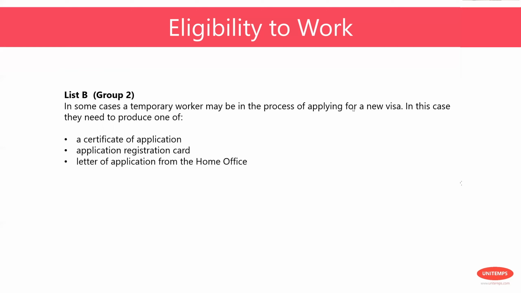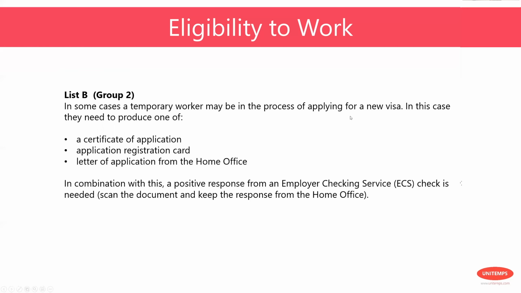That on its own is not proof of right to work. What you'll need to do is log a check on the Home Office website under the Employer Checking Service. You'll need the consent from the candidate to do this because of GDPR.